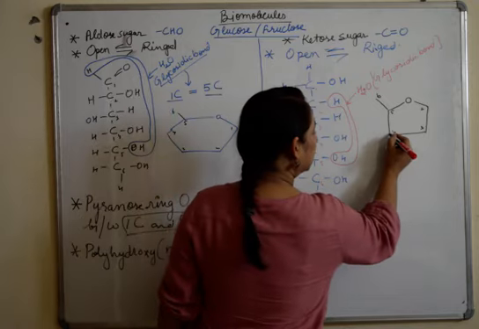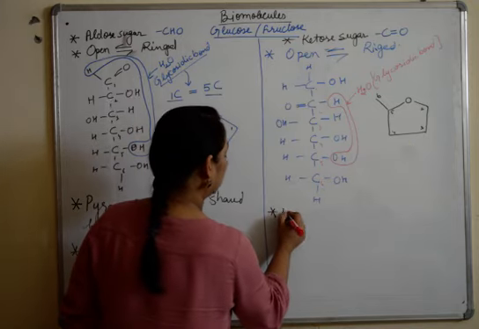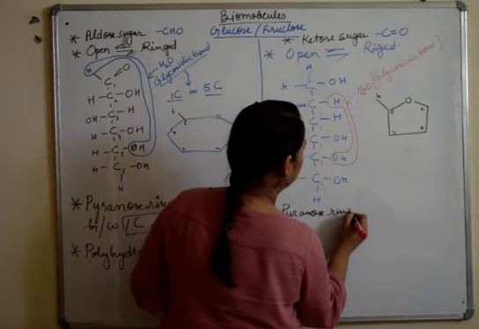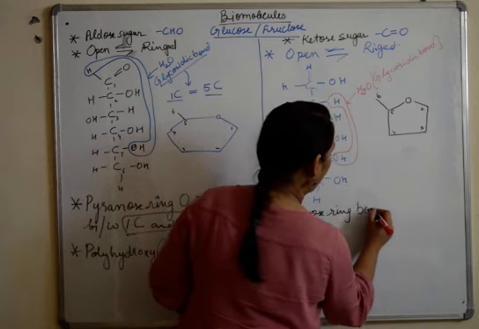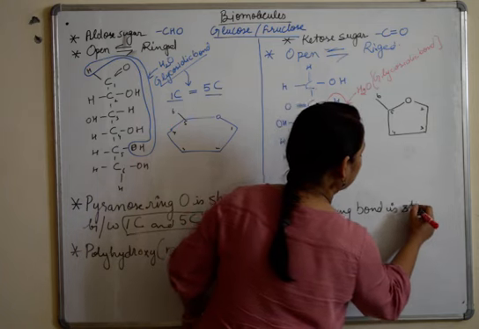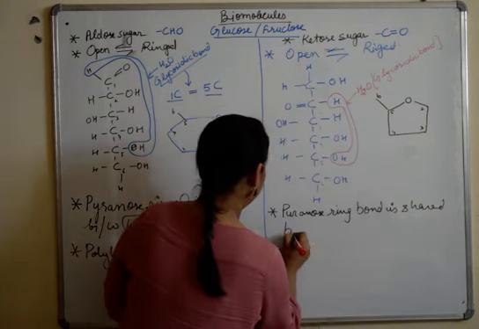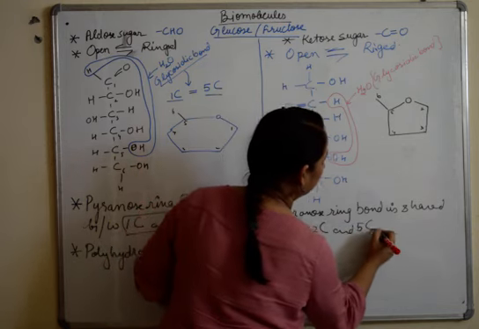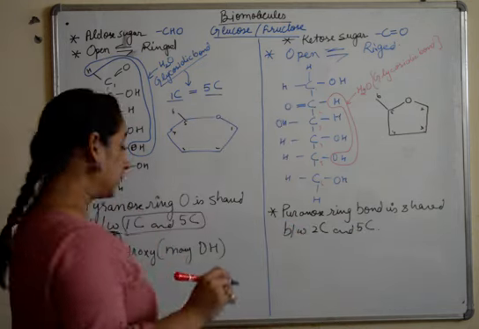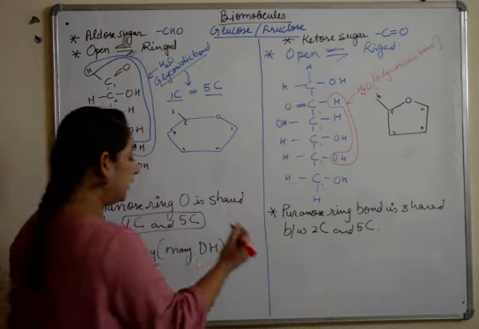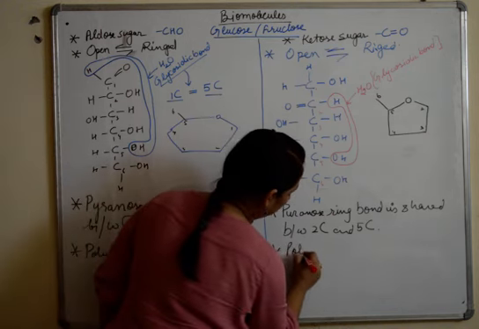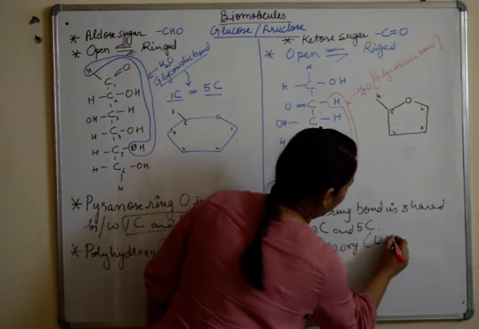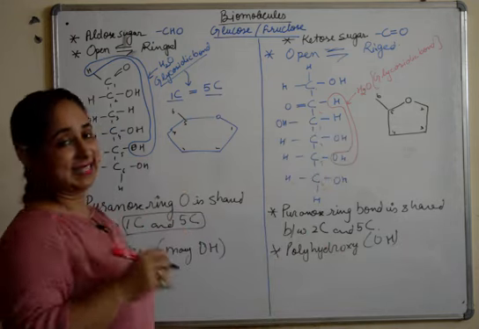So what is this type of ring called? Pyranose ring, where the bond is shared between the second carbon and the fifth carbon. It is also known as polyhydroxy because of the many OH molecules present in it.